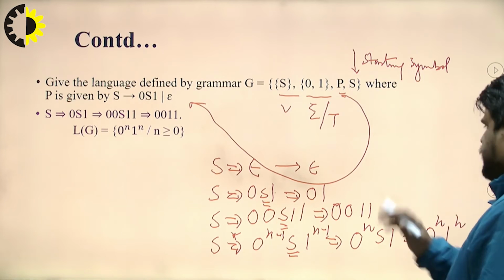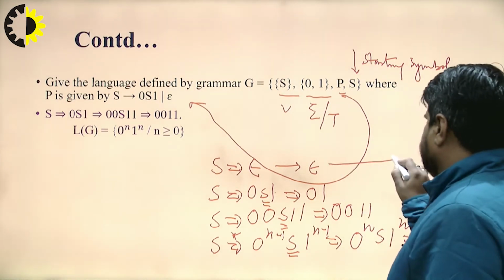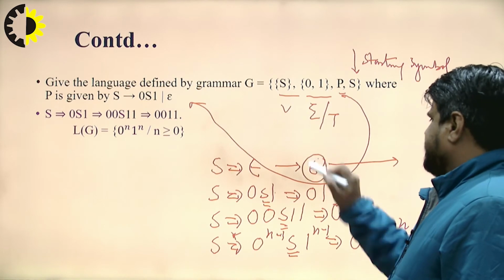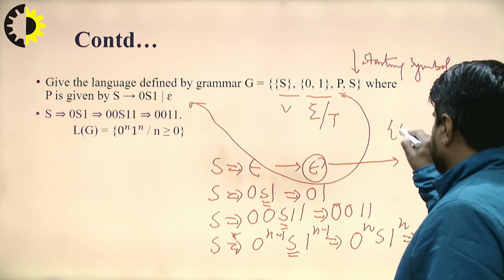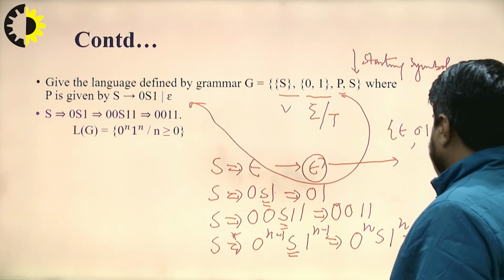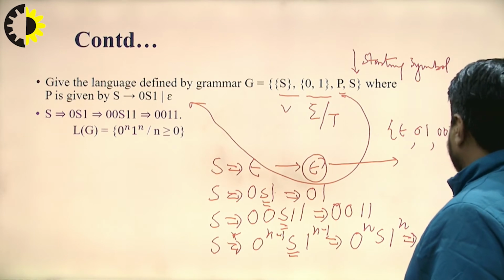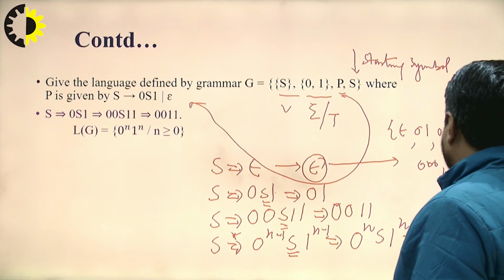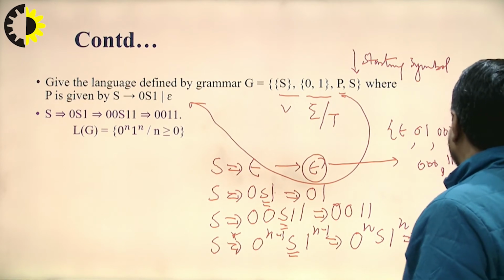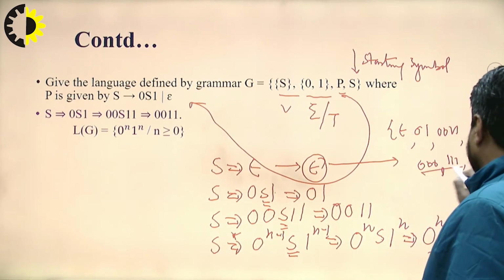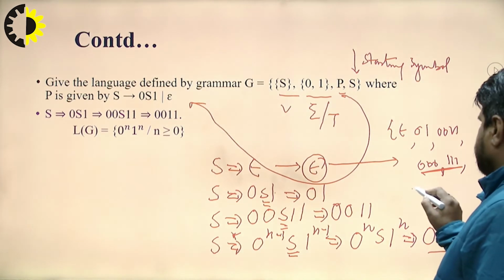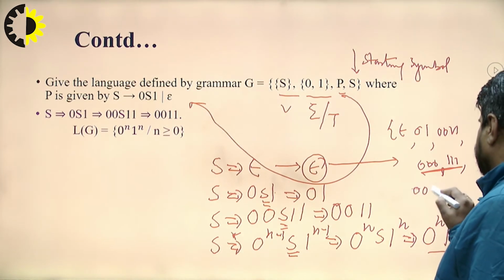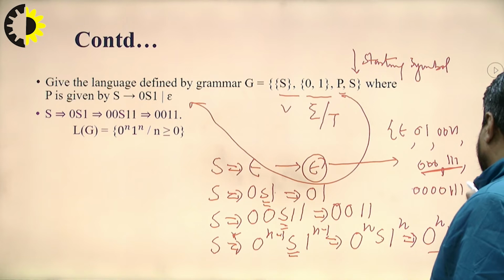So ultimately, you can see from here, the first string is epsilon, the second string is 0 1, the third string is 0 0 1 1, the fourth string is 0 0 0 1 1 1, right? After that, it continues: 0 0 0 0 1 1 1 1.